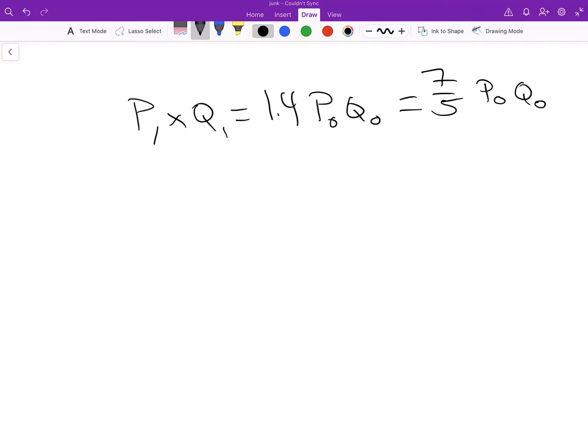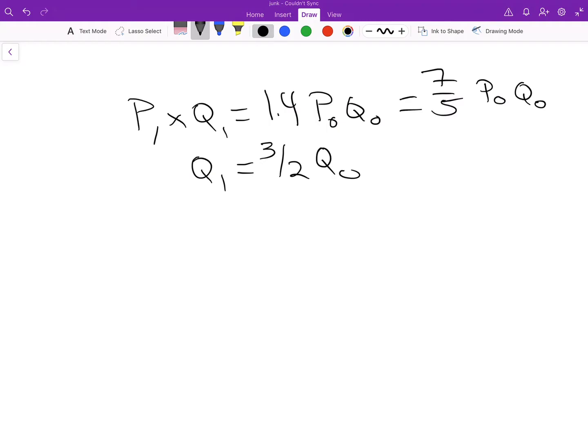We're also told in the past year that there's been an increase in gallons sold of 50%. So using the same logic, we'll have Q1 for the current year. The past year will be Q0, and that means gallons sold has gone up 1/2, 50%. Q1 equals 3/2 Q0.